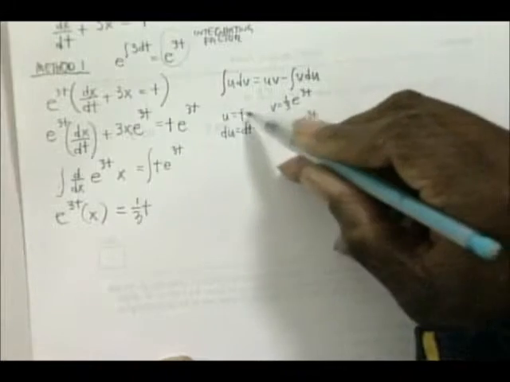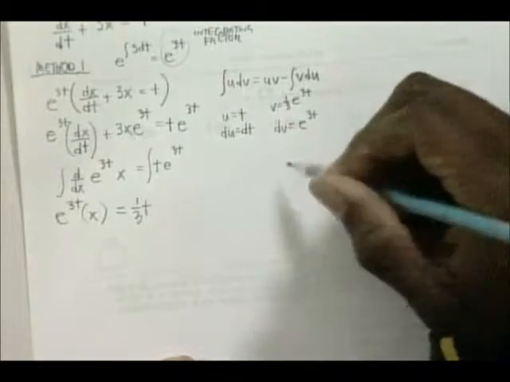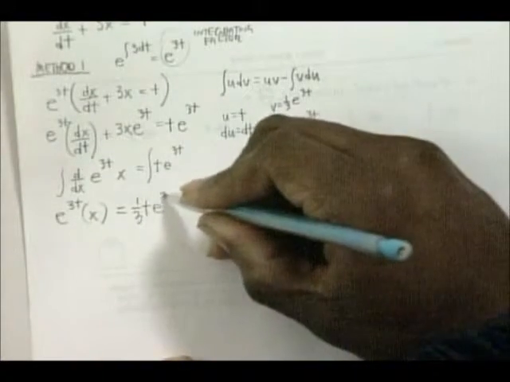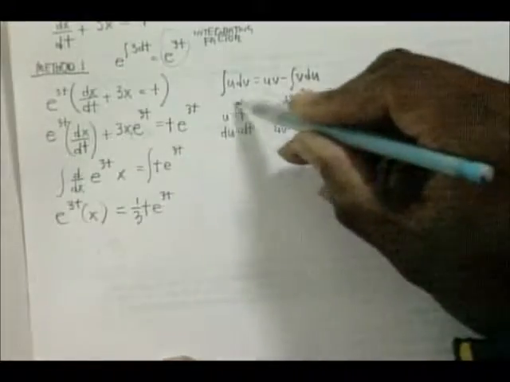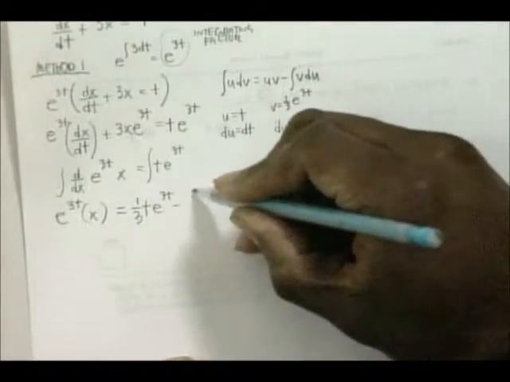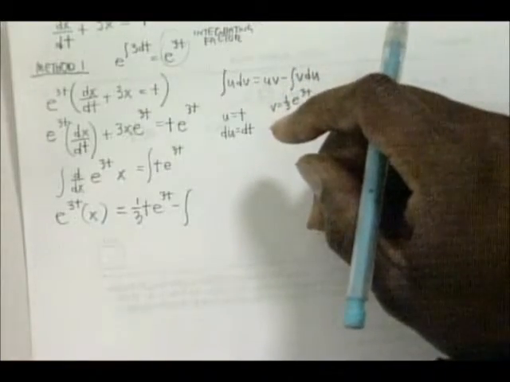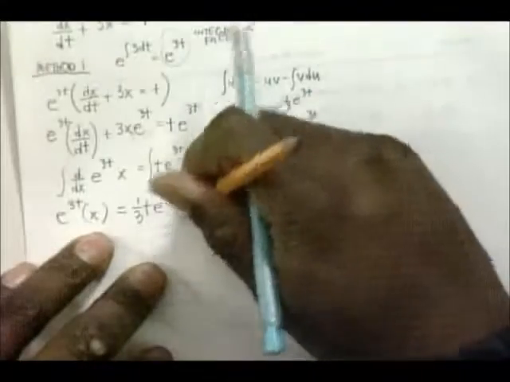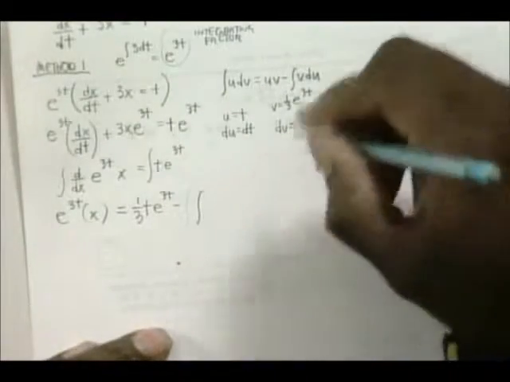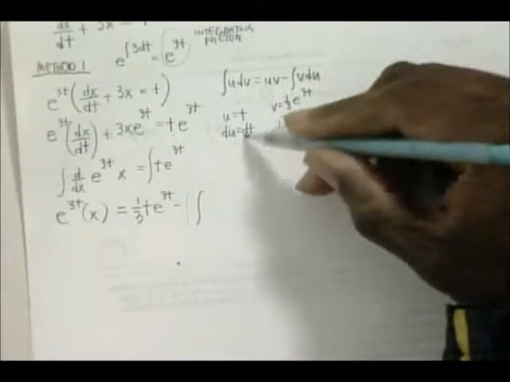I'm multiplying these two, u times v is 1/3 t e to the 3t, minus the antiderivative of v du.